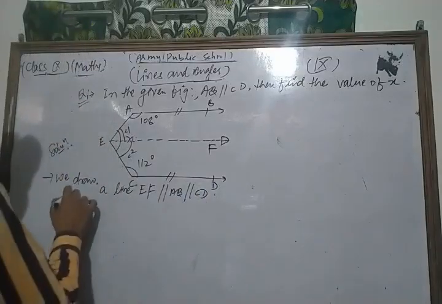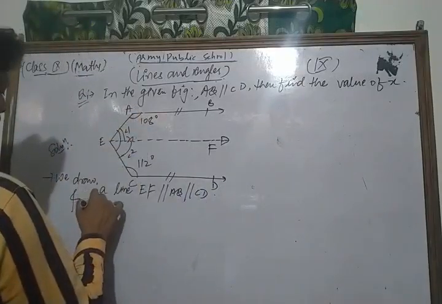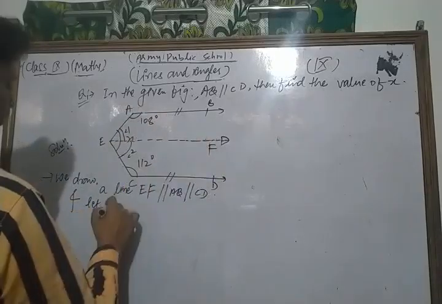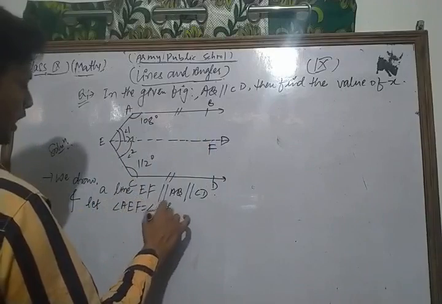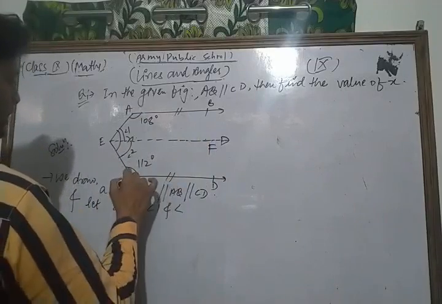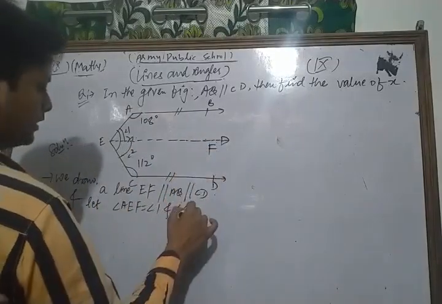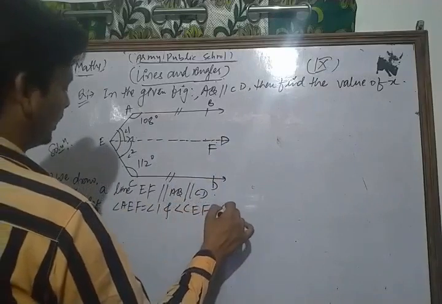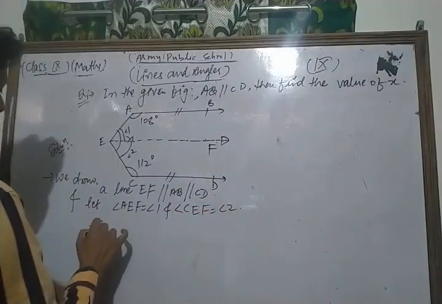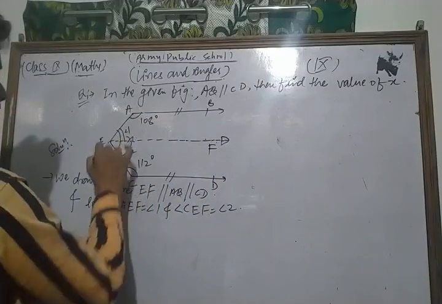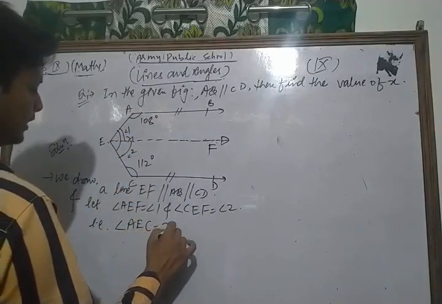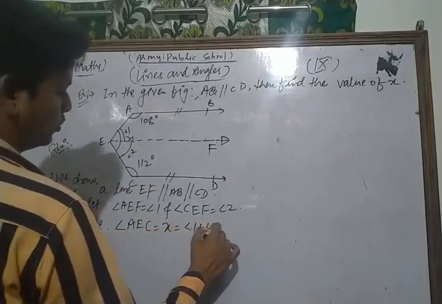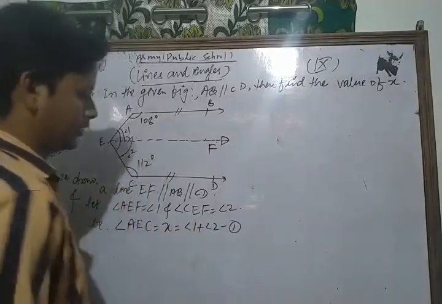Let angle AEF be equal to angle 1, and angle CEF be equal to angle 2. That is, the value of angle AEC, that is angle X, is equal to angle 1 plus angle 2. Take this as equation number 1.